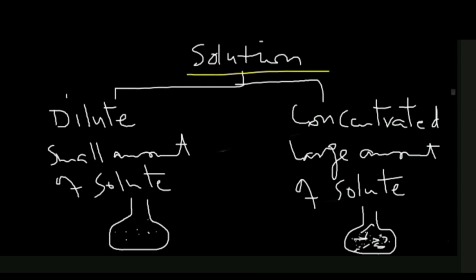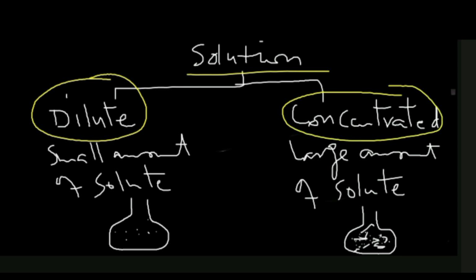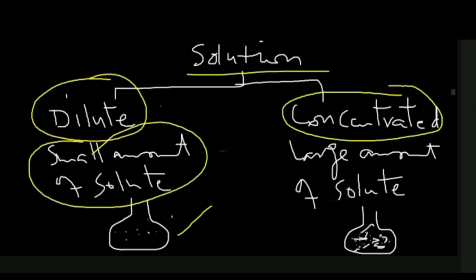So also we can say that solutions are of two types: the dilute solutions and the concentrated solutions. The dilute solutions are those which contain a small amount of solute, such as this one.